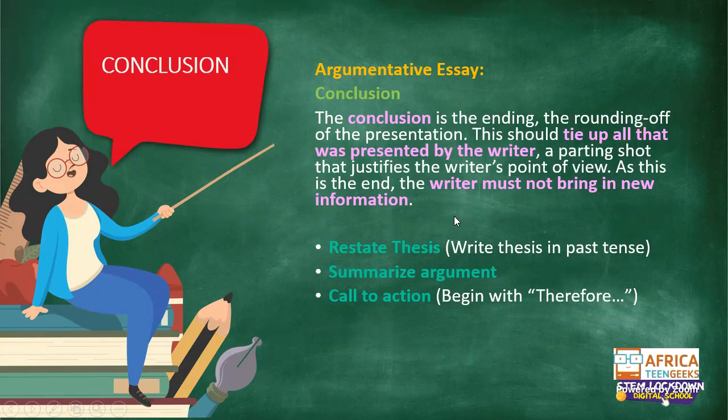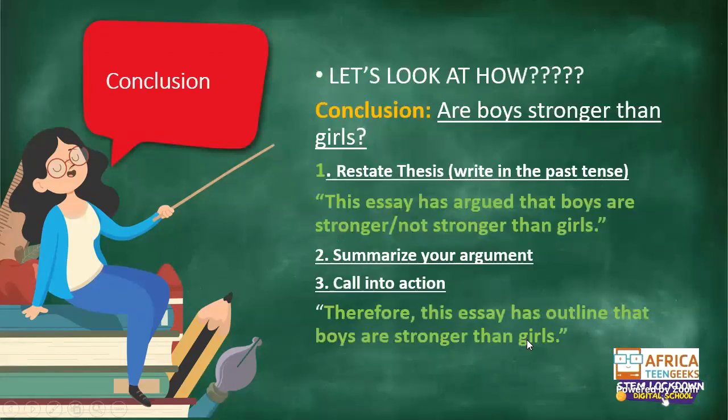This is what the conclusion consists of. You restate the thesis, you summarize your argument, and you call to action. Let's look at how. Remember, our topic for today is are boys stronger than girls?